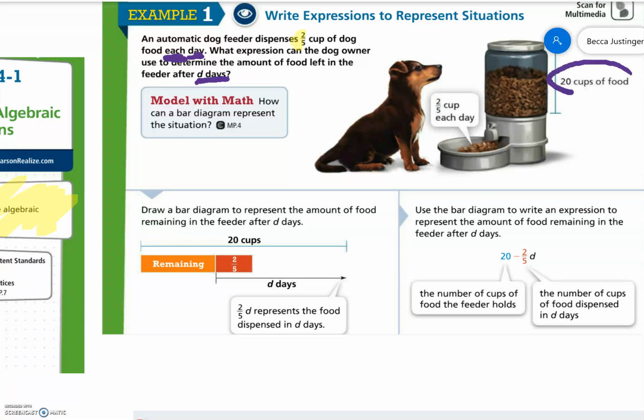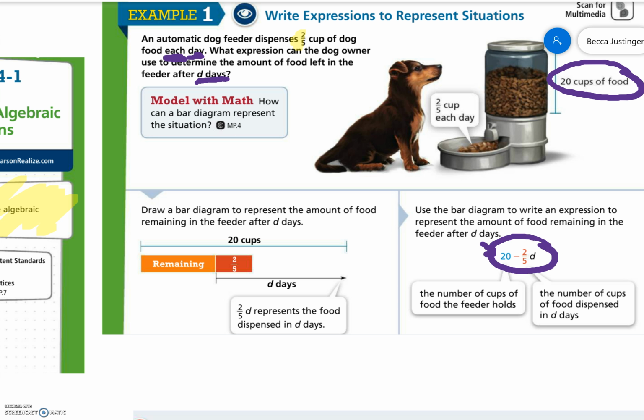In the picture, it says we start with 20 cups of food. So if we look at the bar diagram, there's been 20 cups total. So we start with 20, and he's eating it. The dog is eating 2/5 each day, so it's being subtracted. So here's our equation, 20 minus 2/5 D.